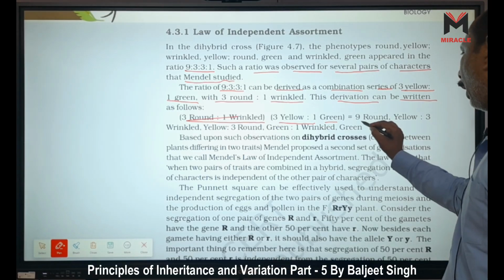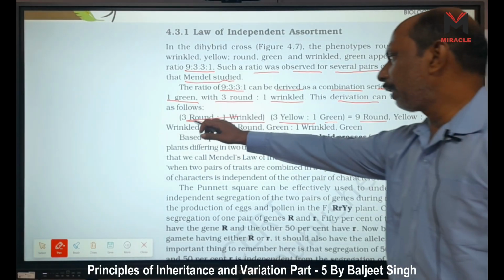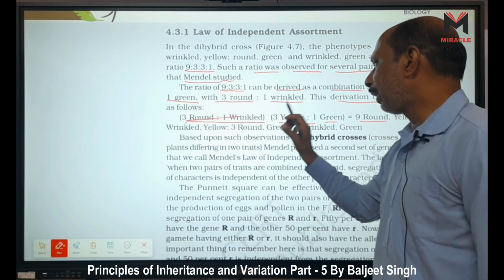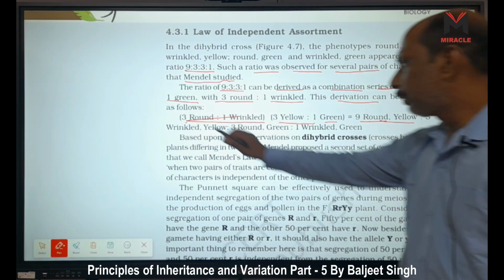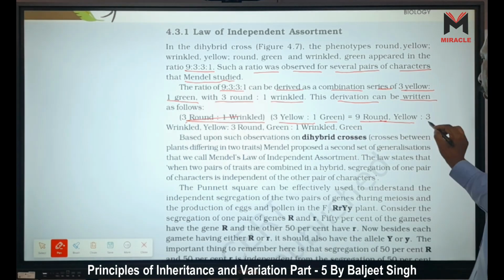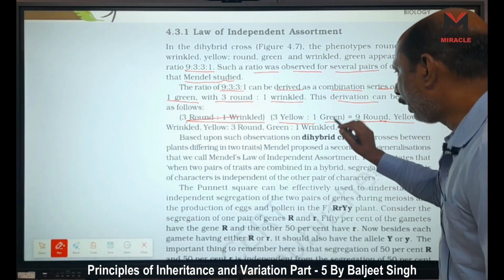When we multiply 3 round by 3 yellow, we get 9 round and yellow. 3 multiplied by 1, so 3 round green.